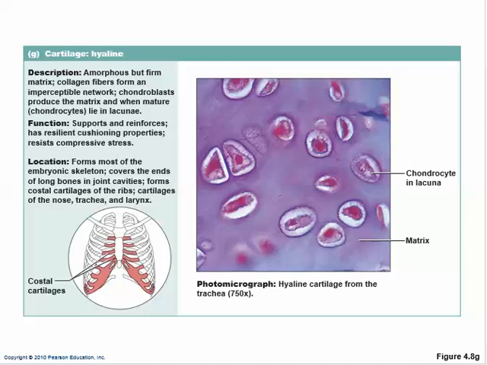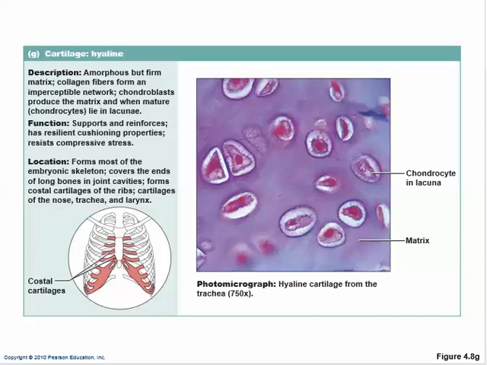It gives it a very smooth, slippery surface. So we use this in places like joint ends and things where we want that lack of friction. We want some support.